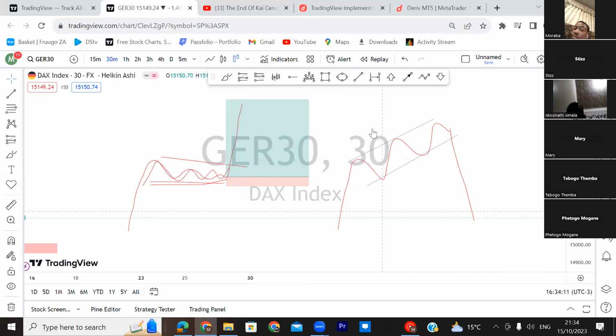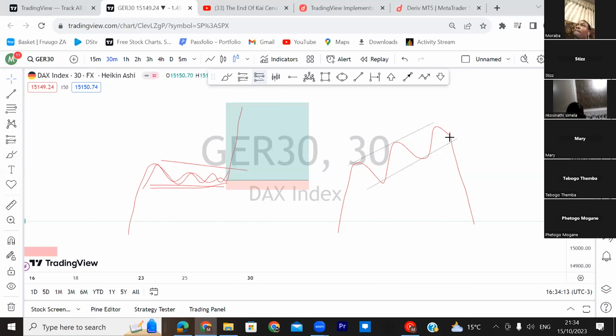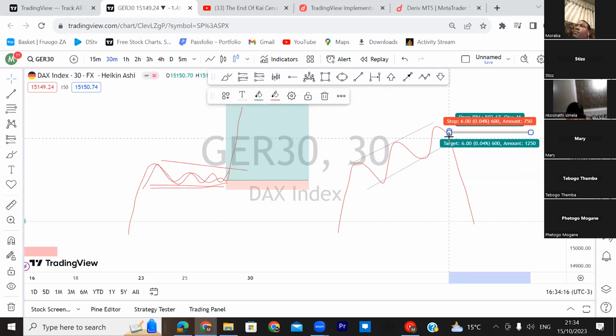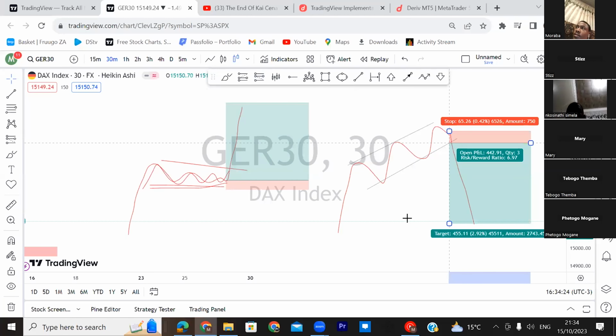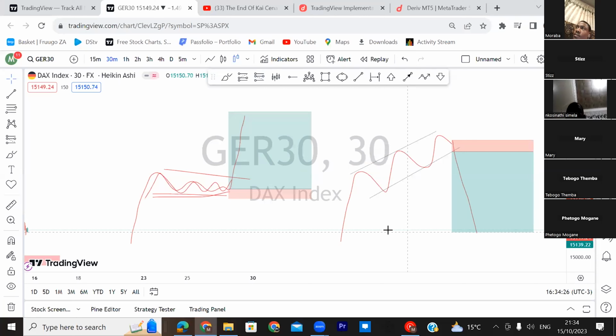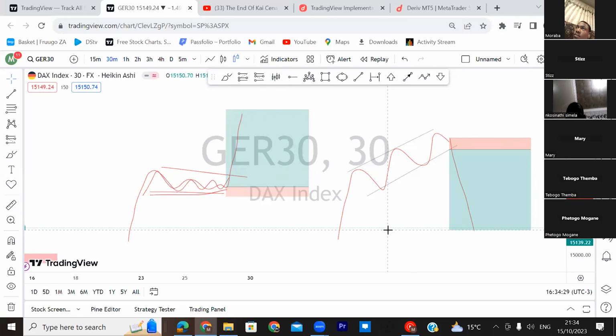And then with a reversal, you know the price is going to reverse. So if it was coming from the bottom, it means the price is going to reverse and go back to the bottom instead of continuing going up. So these are the two corrections that you'll mainly use for your entries, right?